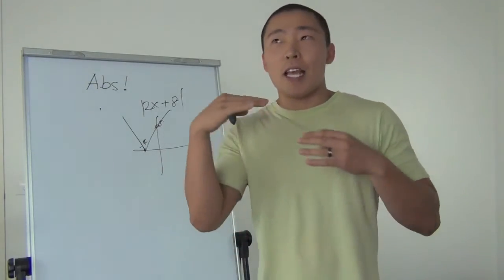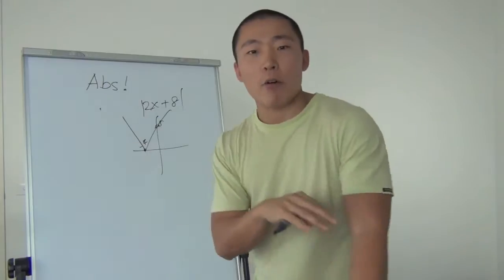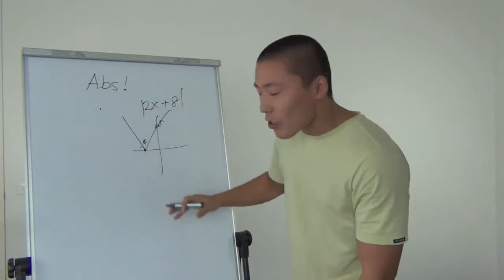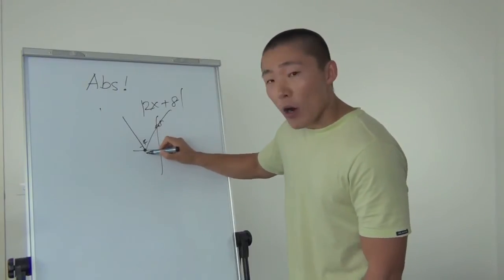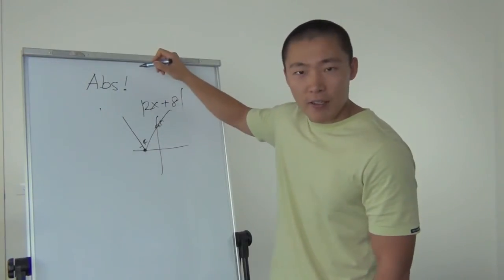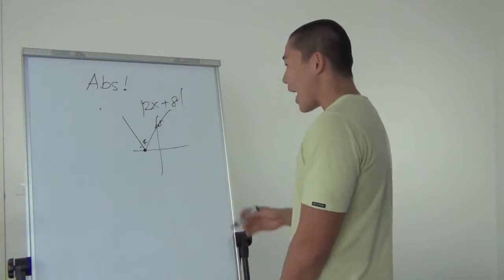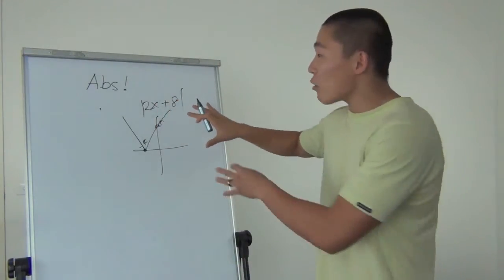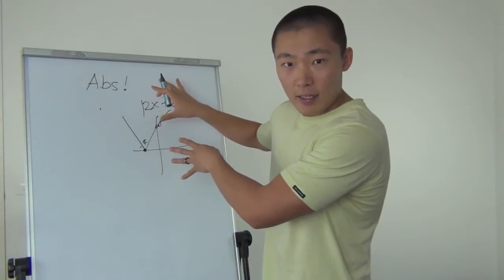So instead of saying everything's positive, it's positive and 0, because the range includes 0. It goes from 0 up to infinity. That's the range, and the domain is still everything. So that is exactly how you take the absolute of a function like this.